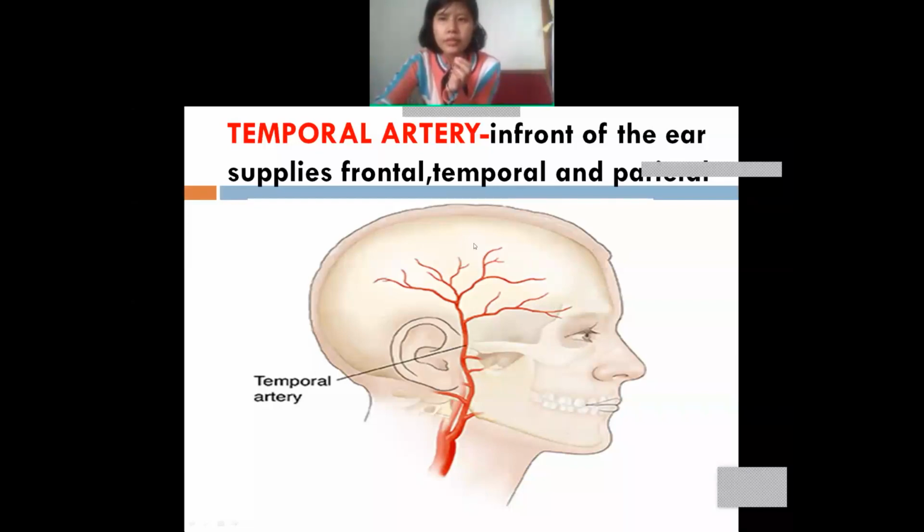Then temporal. This is the temporal and parietal. This area. Did you get my point? Temporal artery, they supply blood to this portion. Listen, just in front of your ear, and this front, this is your front, and this temporal area, and parietal, is this portion. So the temporal artery, they will supply blood in all these three areas.